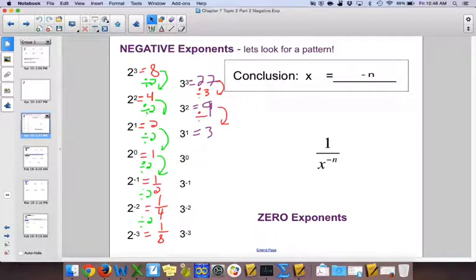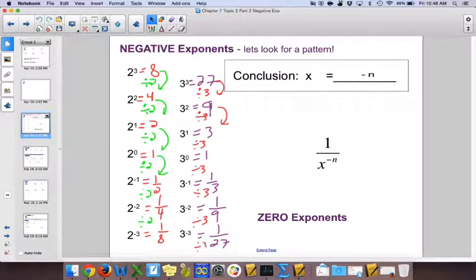So 3 divided by 3 is 1. 1 divided by 3 is 1 over 3. And then 1/3 divided by 3 is 1/9, sorry. And then the last one's going to give us 1 over 27. So once again, we're dividing by 3 every time.